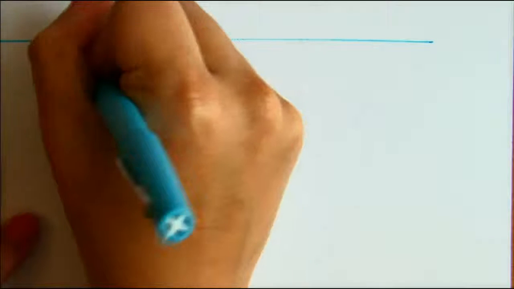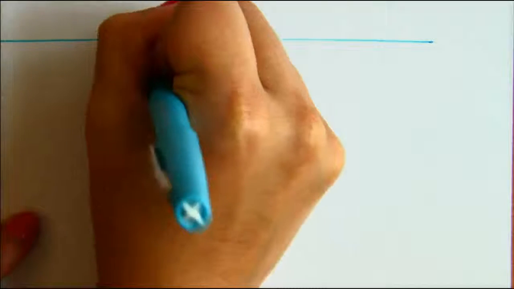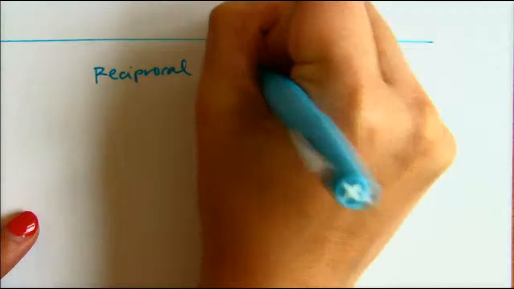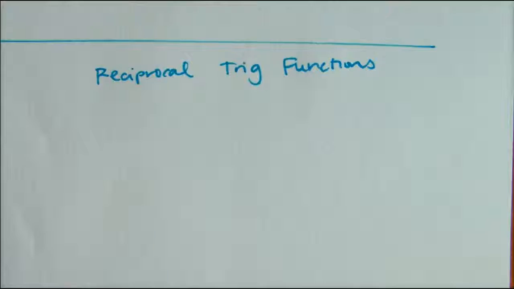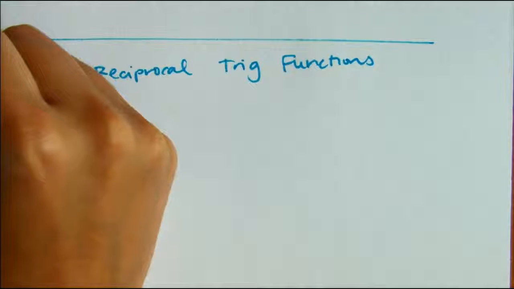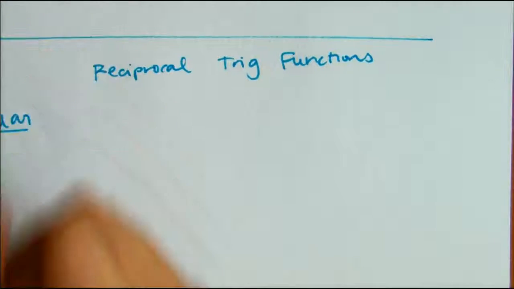So we've been talking about trig and trig functions. Today we're going to be talking about reciprocal trig functions. So we have our regular trig functions, and we've got three of those.